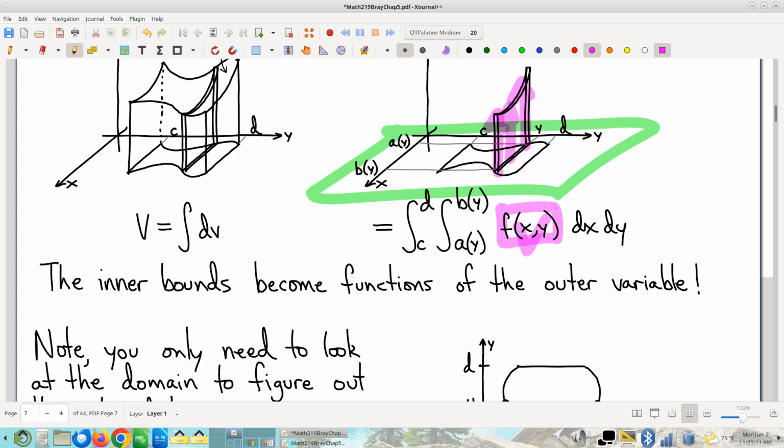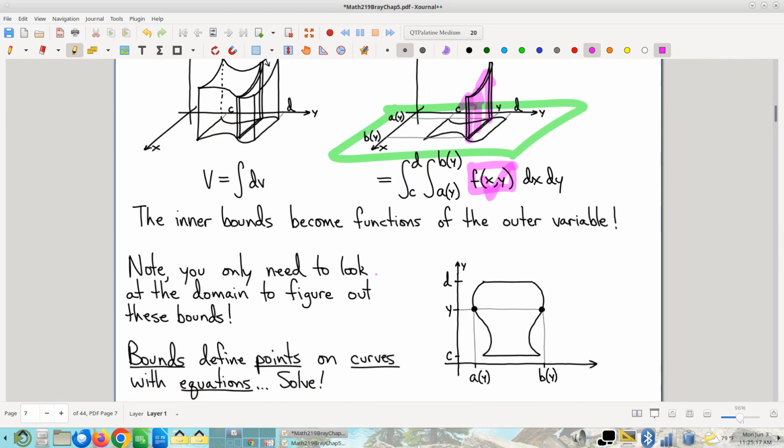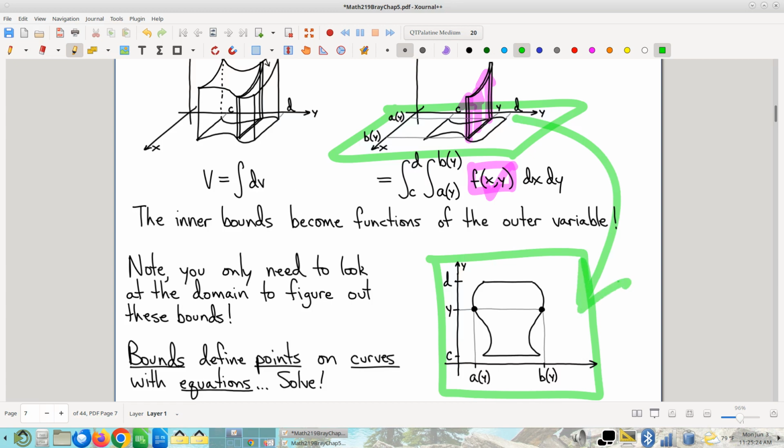I don't need to see what's going on with the integrand to understand the bounds. The bounds come exclusively from the domain. Does everybody see how that is? The argument we made was literally all in the XY plane.